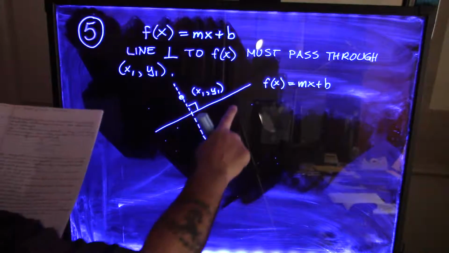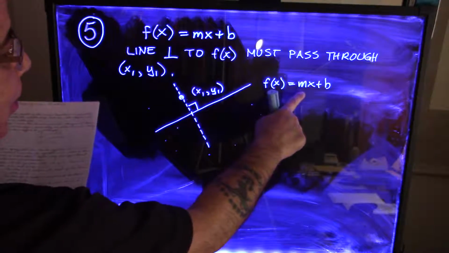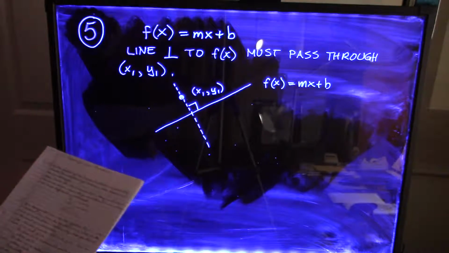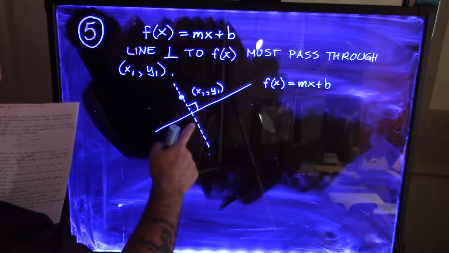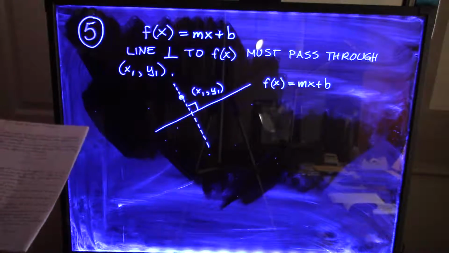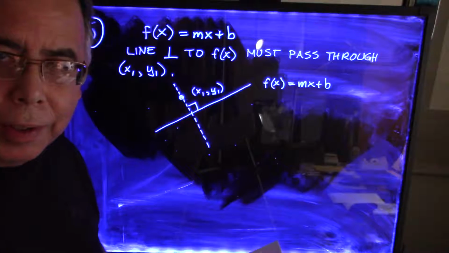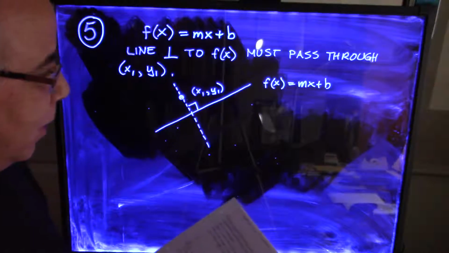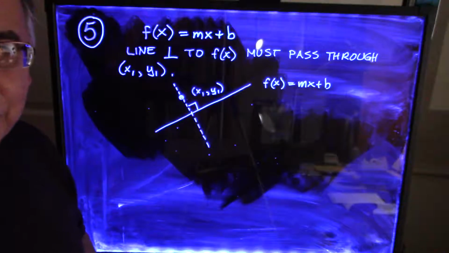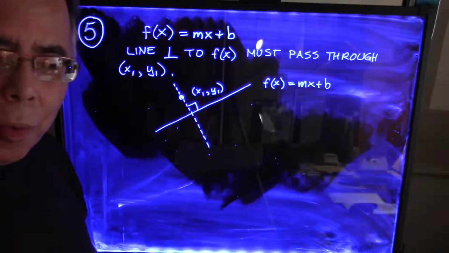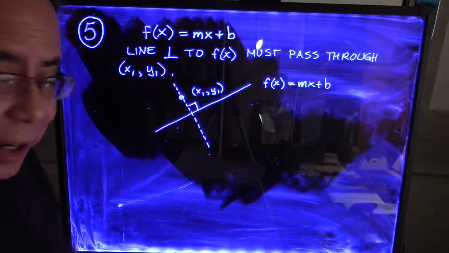What's the slope of that line? This line right here, it's slope m, right? So what does the slope of the perpendicular have to be? Well, it has to be the negative reciprocal of m. In other words, when you multiply them together, the product will equal negative 1.